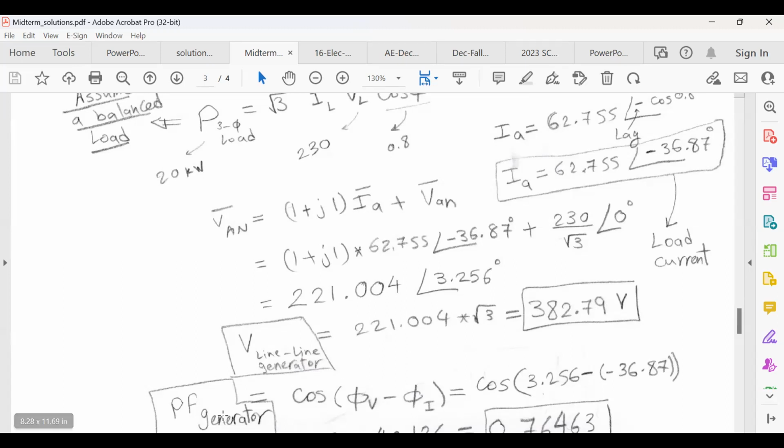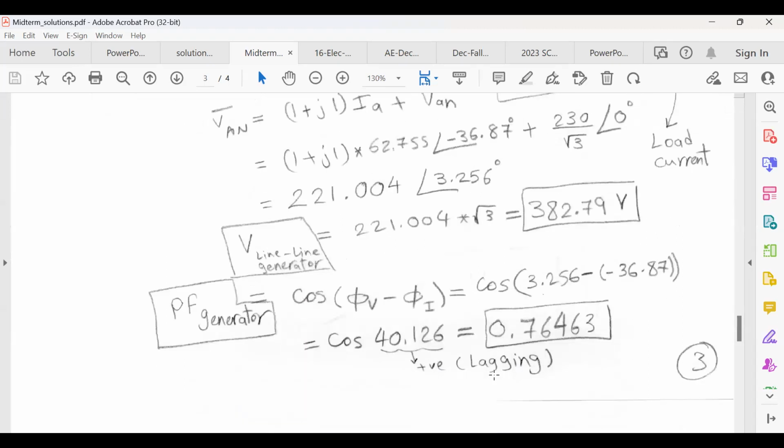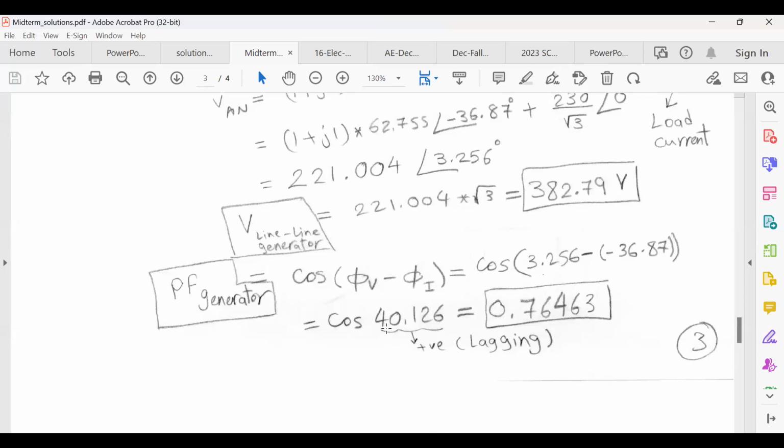To get the generator power factor, it's cosine of the voltage angle minus the current angle. Of course it's lagging because the voltage angle is positive and the current angle is negative, so it's a lagging power factor.